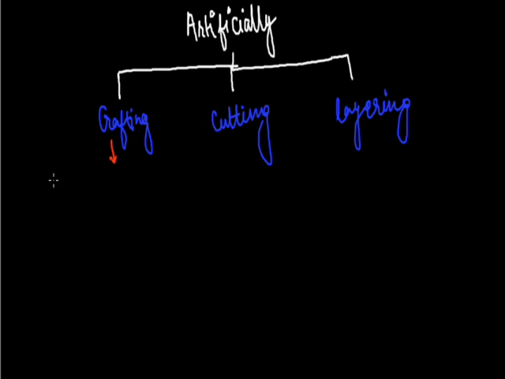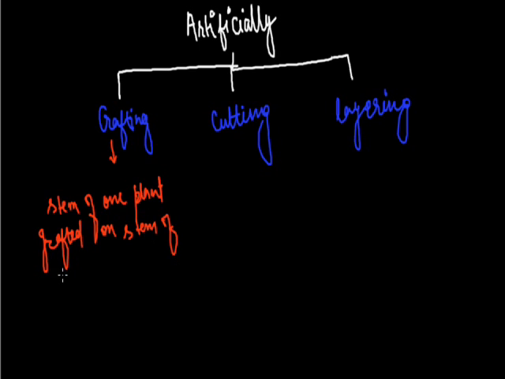In this type of vegetative propagation, the stem of one plant is grafted on the stem of another plant.